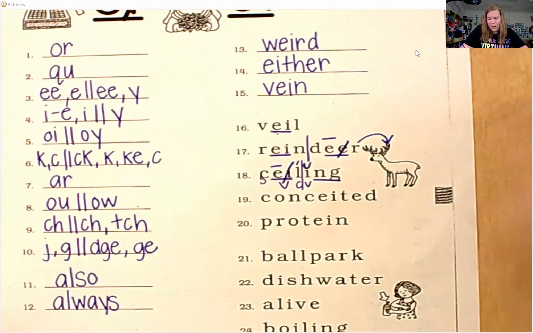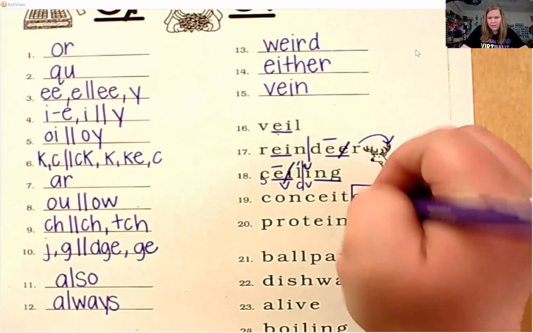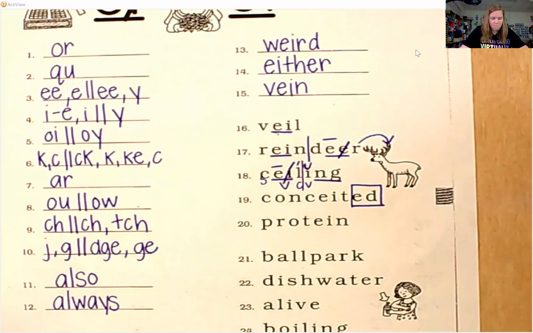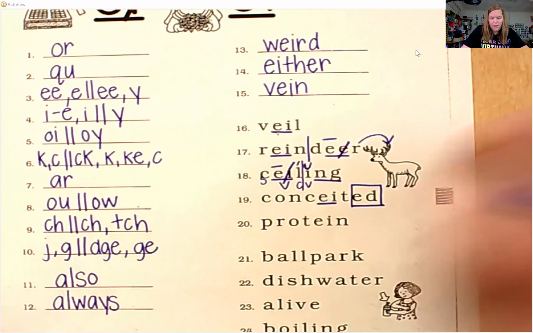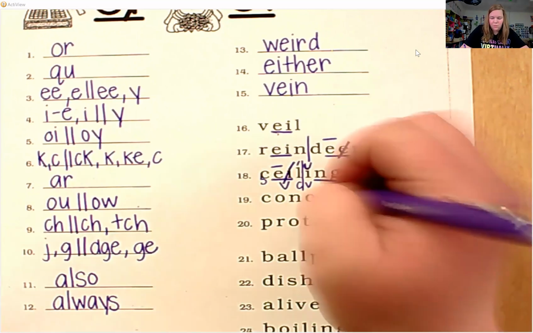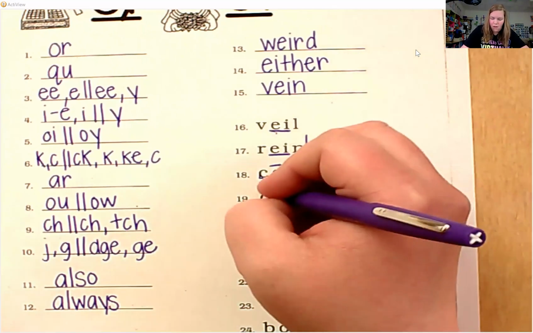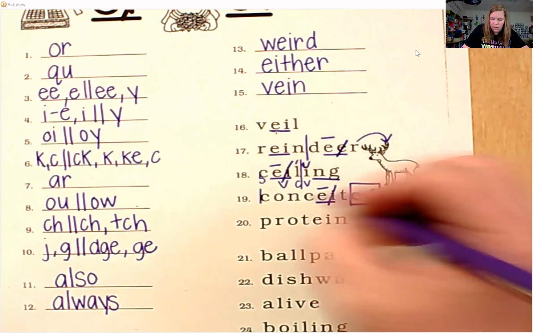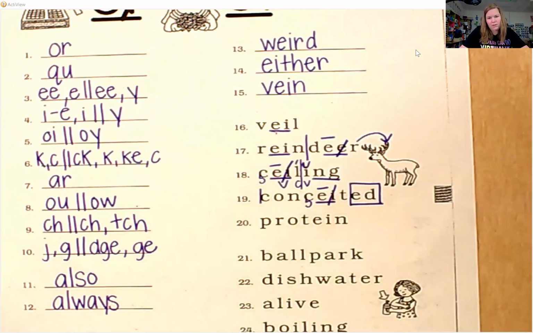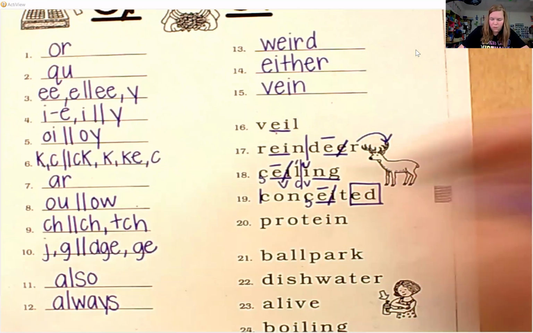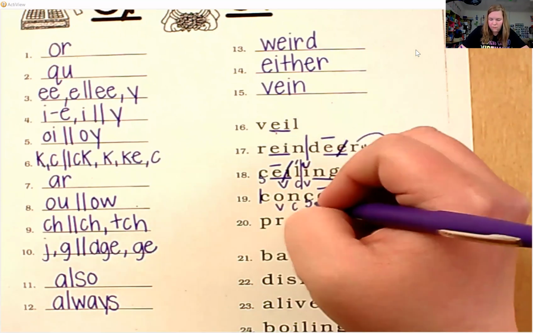Number 19 has a suffix, suffix ed. Put a box around that. Digraph EI again. The E is making the sound, the I is silent. We need a K back on the first C and a cedilla on the second. We're left with a vowel, consonant, consonant, vowel pattern.